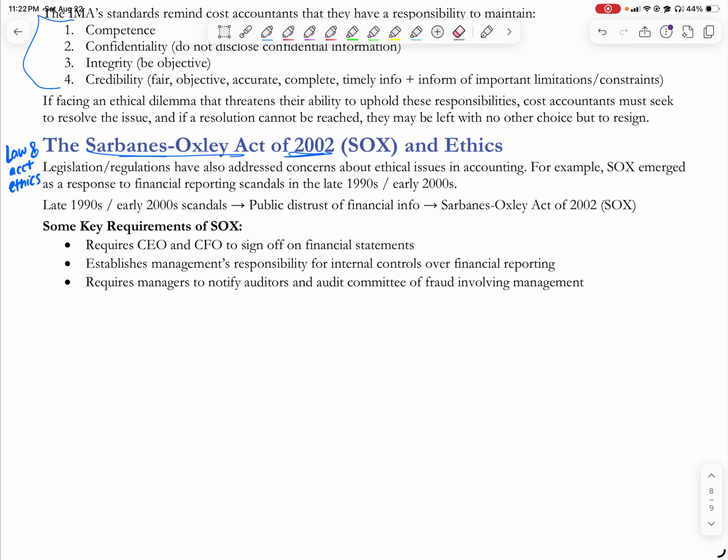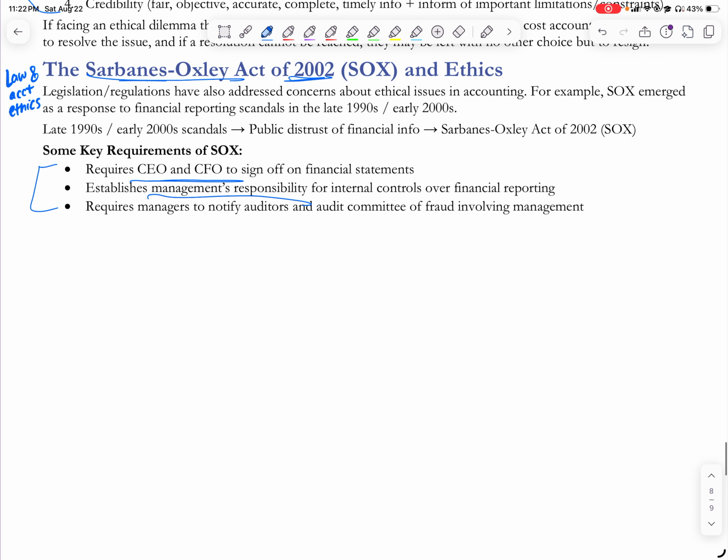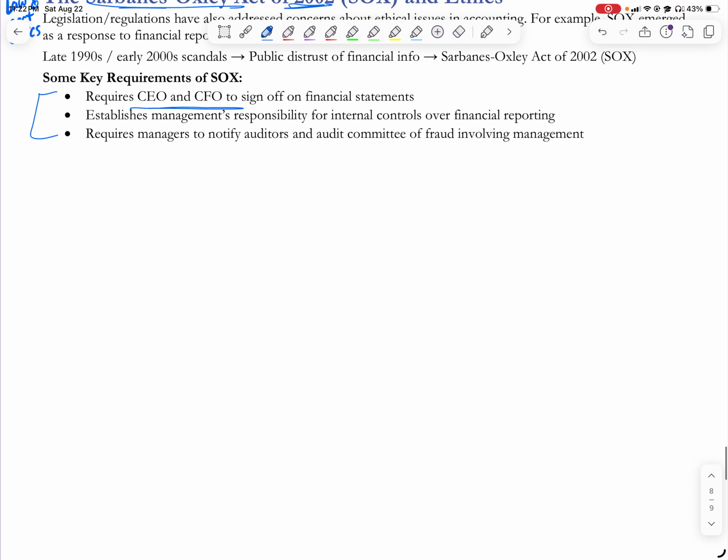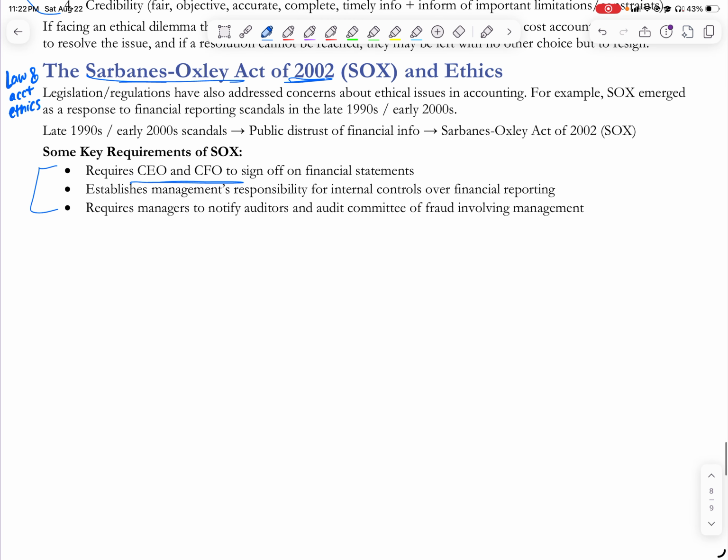So here, a few key requirements. It's instituting their responsibility. CEO, CFO, they are ultimately responsible for the financial statements and they're required to sign off on them. It explicitly establishes management's responsibility for internal controls over financial reporting. So even if there is an error in some accounting system, management is still legislatively responsible for that as well.